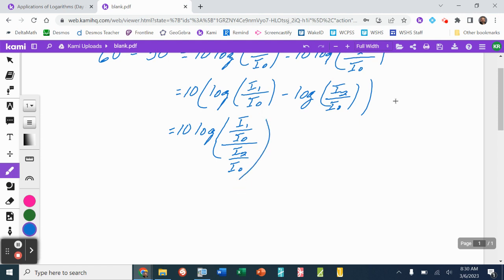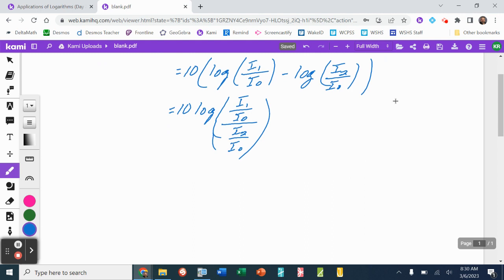Now, those of you who have watched my Richter scale video probably have an idea of what's going to happen next. But if you haven't, what you should see is that we're dividing one fraction by another fraction within this single logarithm. When we divide fractions, remember that we multiply by the reciprocal of the denominator.